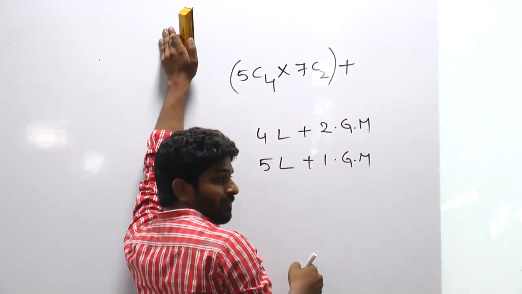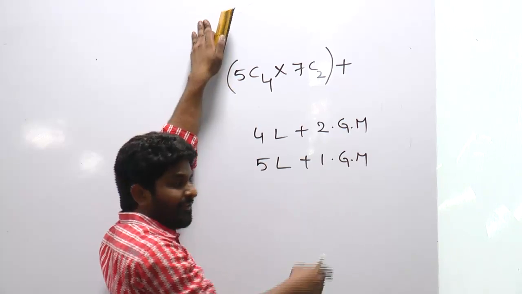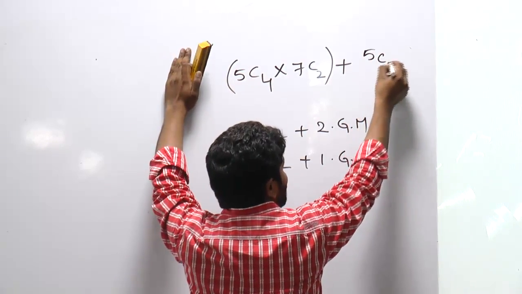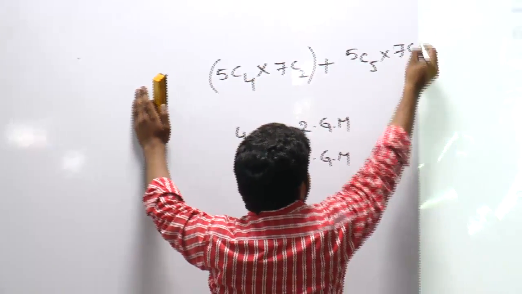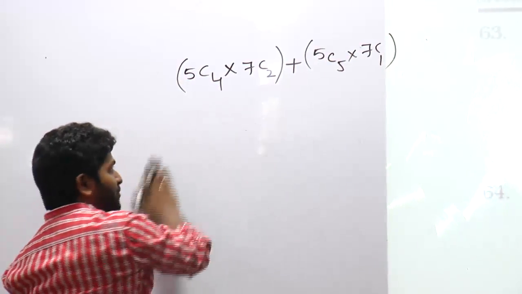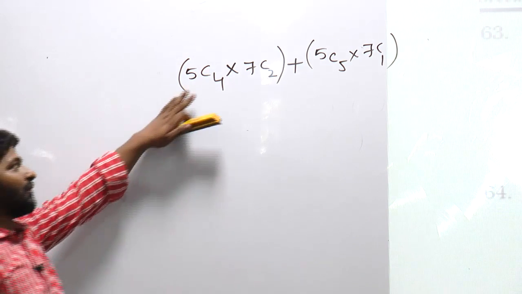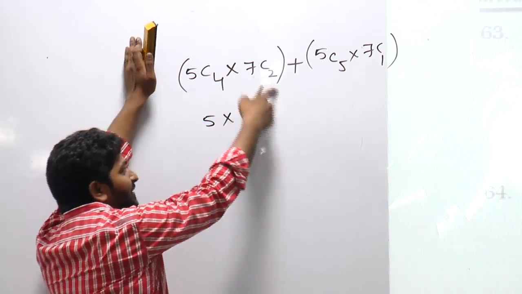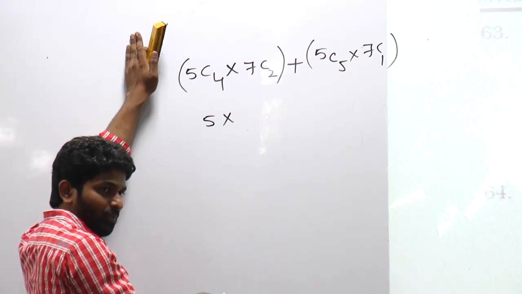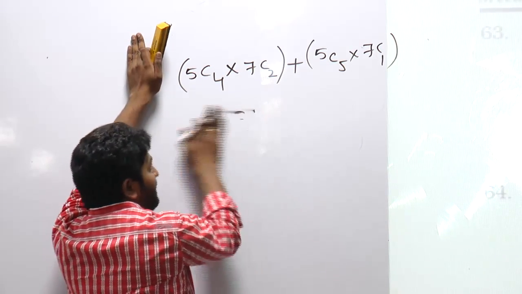Or 5 ladies out of 5, 5C5, which is 1, into 1 man out of 7, 7C1. Need to add these 2 values. 5C4 or 5C1, one and the same. 5C1 in the sense 5, into 7C2 in the sense 7 into 6 by 2, which is 21. Total value, this is 105.